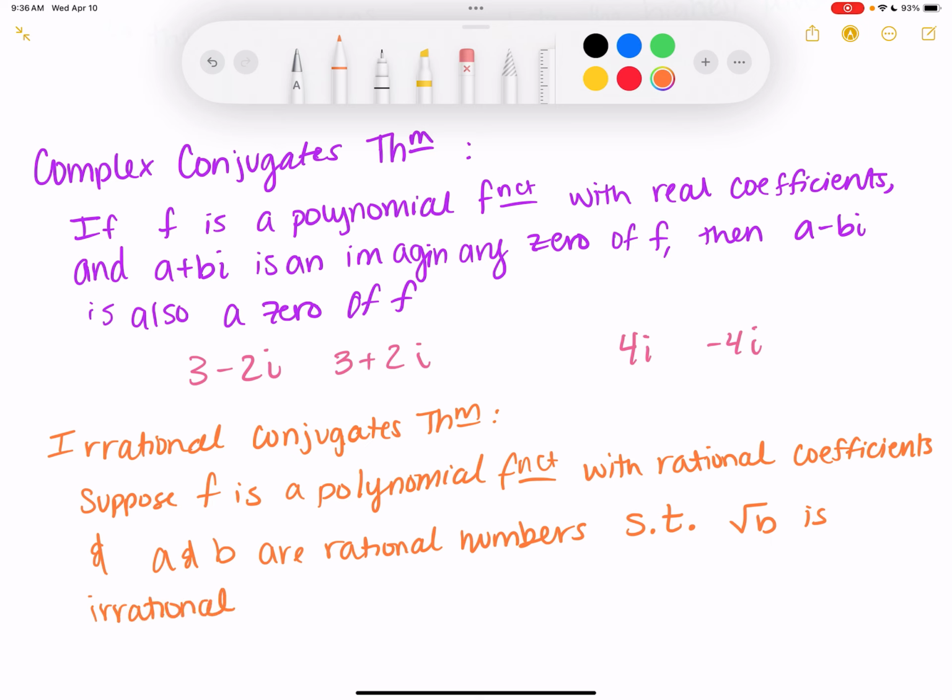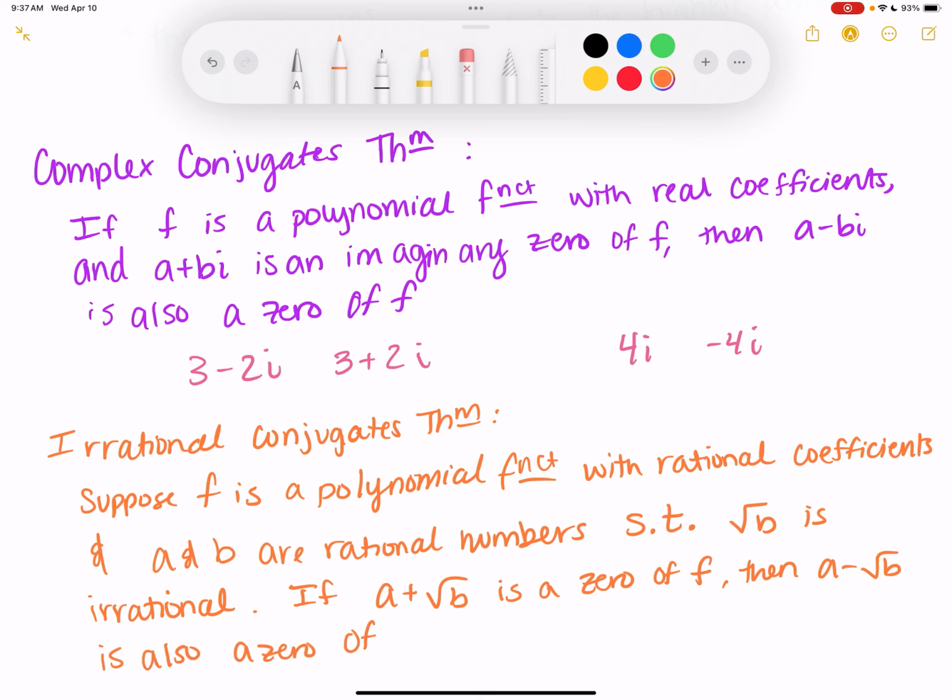So that'd be something like the square root of 2. If a plus the square root of b is a 0 of f, then a minus the square root of b is also a 0 of f. So the rule applies to complex numbers, and it also applies to irrational, like with the stuff in the radicals.